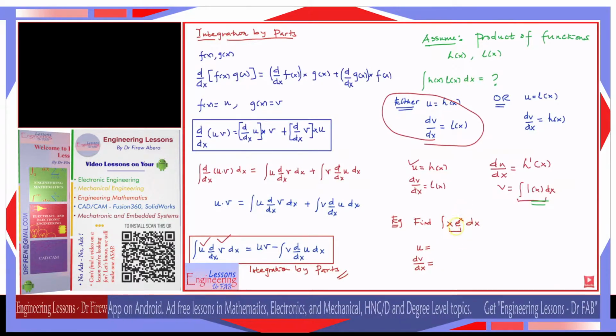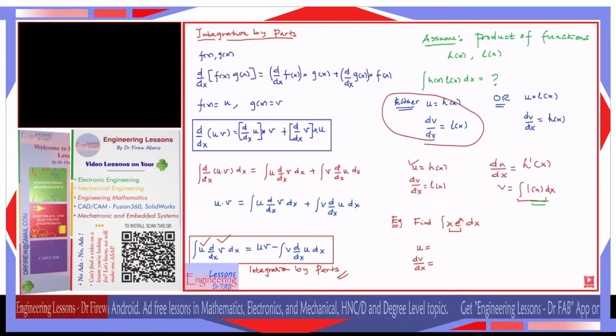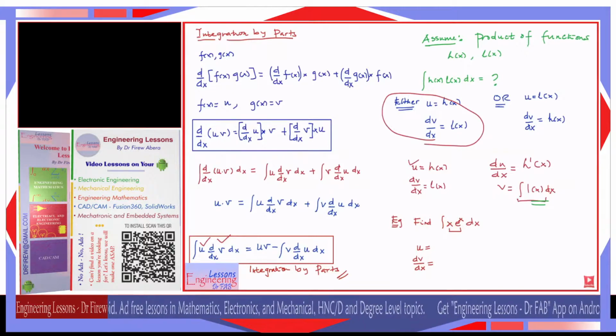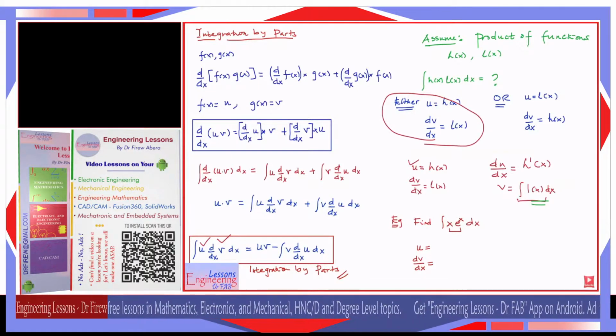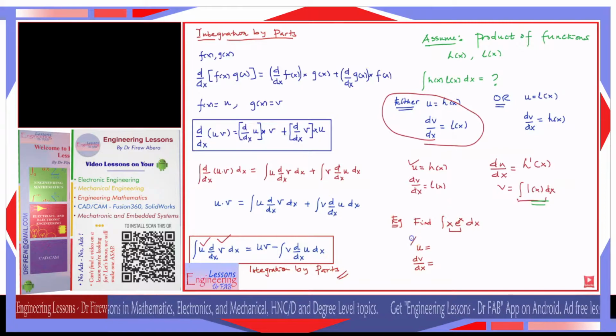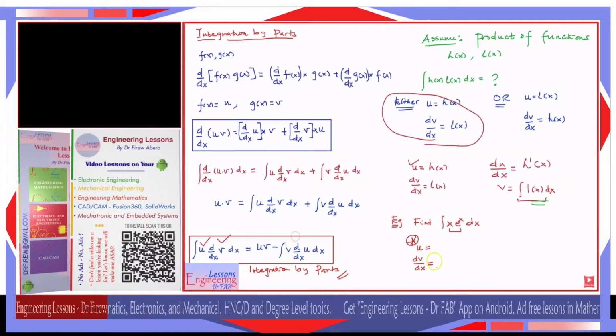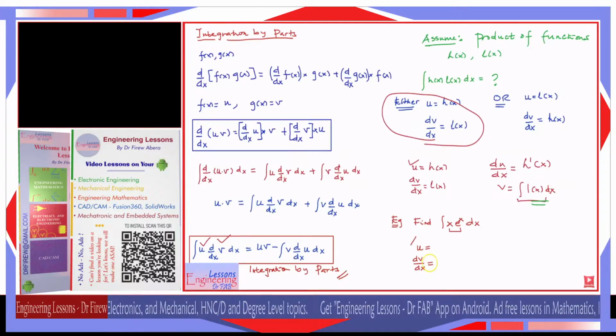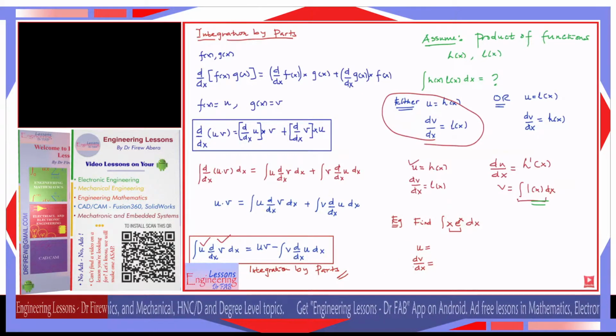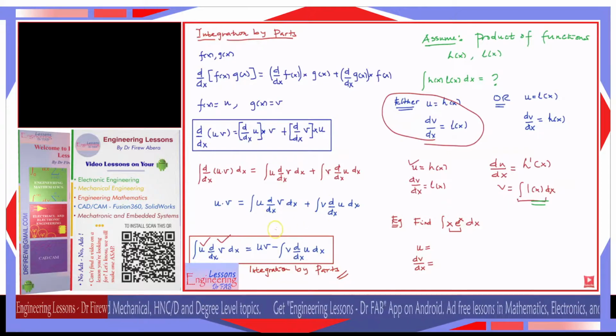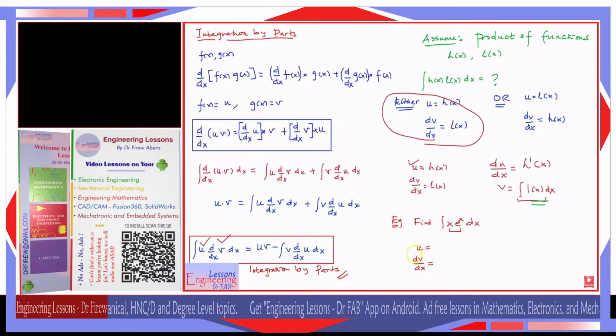The choice of that assumption relies on whether, in the case of u, you can easily find du by dx, and in the case of dv by dx, it should be easy to find what v is. Okay, so what do I mean?